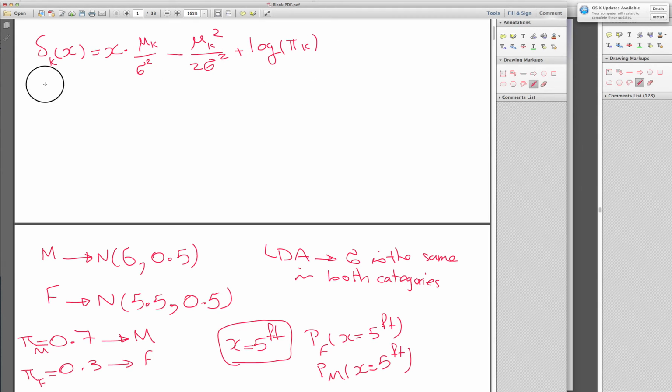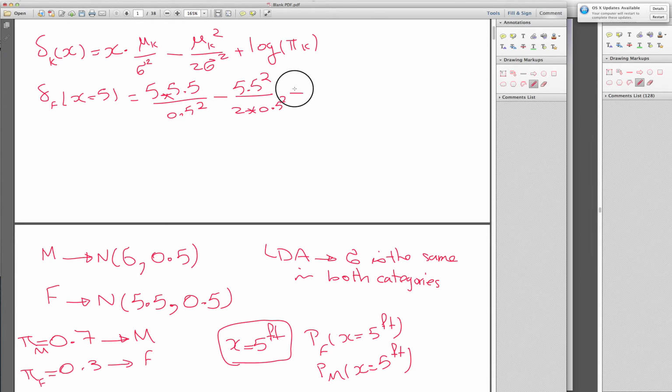So let's find the discriminant score for females given x equal to 5. That would be 5 times mu k, which was 5.5, divided by 0.5 squared, minus 5.5 squared divided by 2 times 0.5 squared, plus log of 0.3.